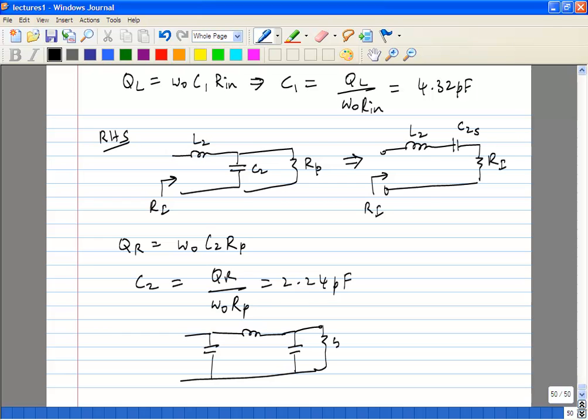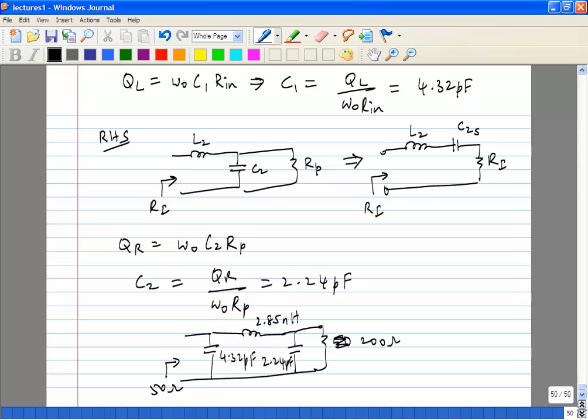You had 200 and you were trying to match it to 50 ohms, and C2 is 2.24, this was 4.32, and this was 2.85, and this is your final matching network.